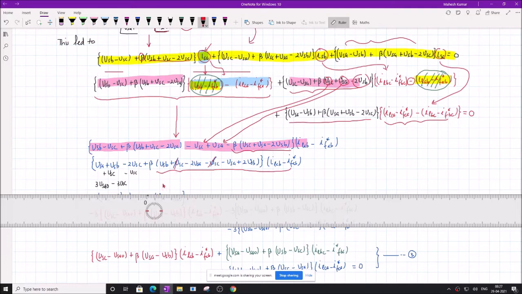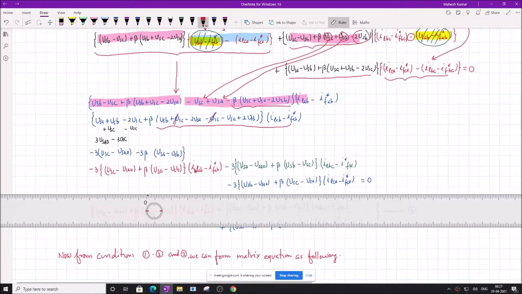The remaining terms are simplified using the zero sequence voltage. For example, the first term here is BSA plus BSB plus BSC minus 2 BSC plus beta. So we add one BSC and subtract one BSC. If we add BSC, it becomes 3 BSA0, the zero sequence voltage, 3 BSA0.